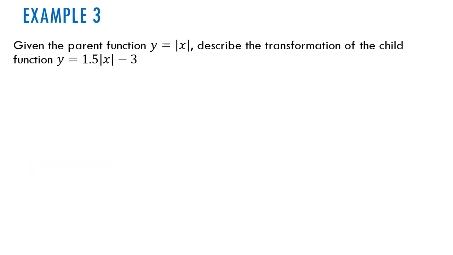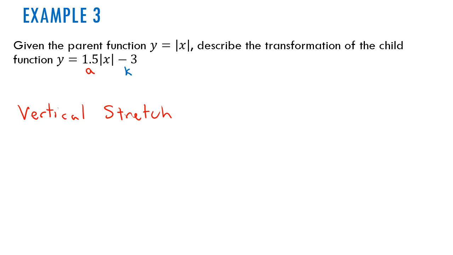Okay, last problem. So once again, describing a transformation that's happening. We have the 1.5 that's in front of the absolute value, so that's talking about a. We have a minus 3 behind the absolute value, that's our k. So we go ahead and we say, if this is 1.5, that's bigger than 1, which means the a value is giving us a vertical stretch.